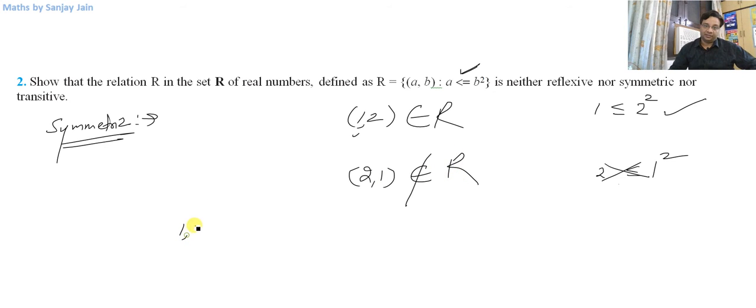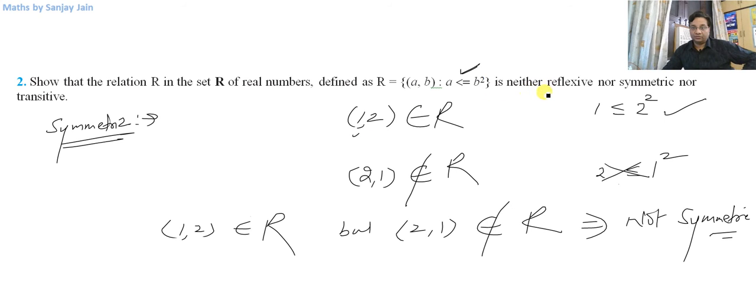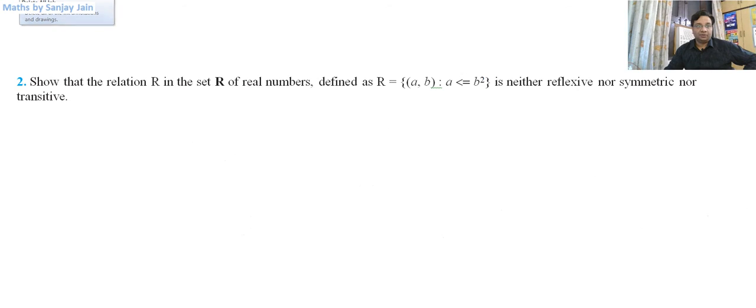And this much is sufficient. (1, 2) belongs to R, but (2, 1) doesn't belong to R, which is sufficient for me to say that the relation R is not symmetric. So you can take any other example, (1, 3), or any other example that you can think of. Alright, so I've shown you that it is not reflexive, not symmetric. Now let me discuss the transitivity. So let me check if it is transitive or not.